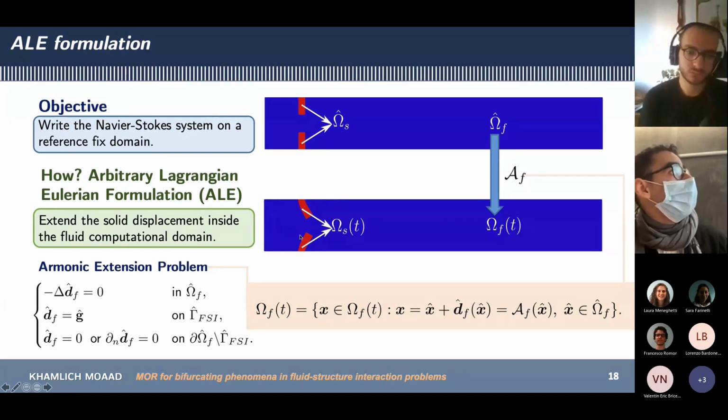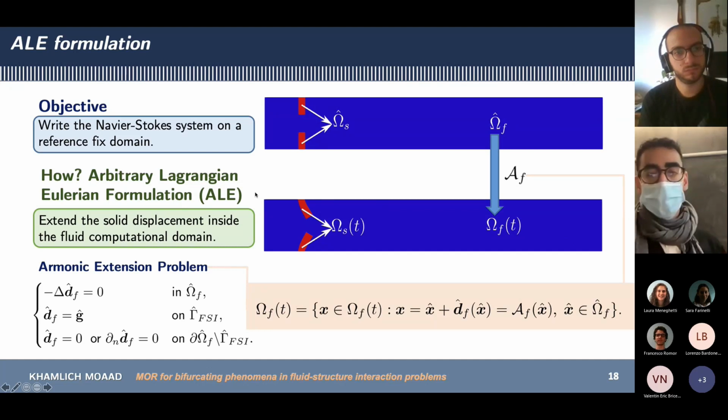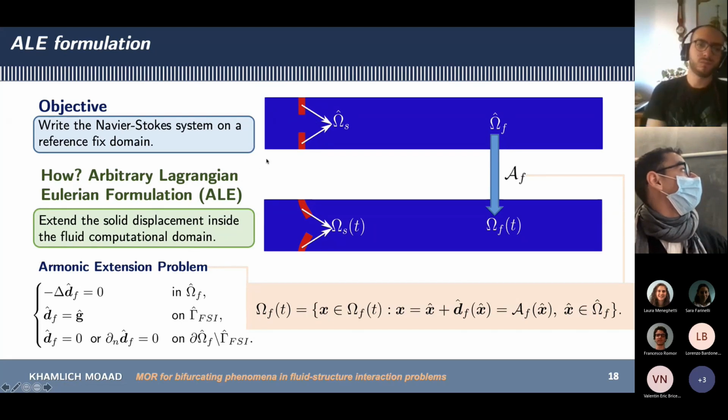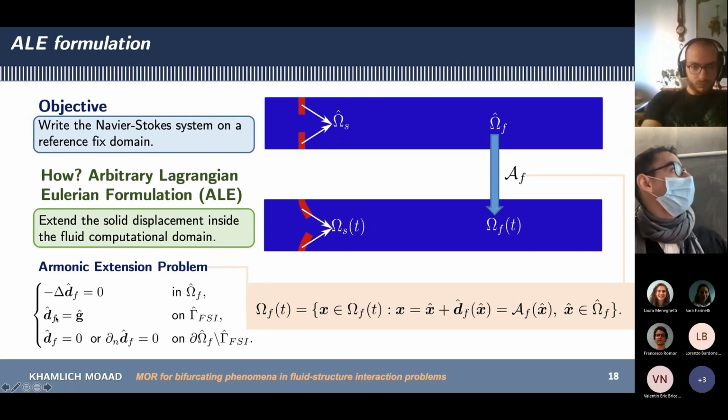And this is solved in various ways, but the one we've chosen is to use the arbitrary Lagrangian Eulerian formulation, which basically just consists in doing the pullback of the Navier-Stokes system on a reference and fixed configuration. And this is done by solving a problem and introducing a fictitious displacement of the fluid resolution mesh.